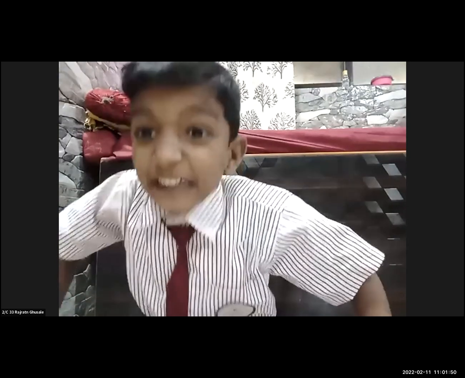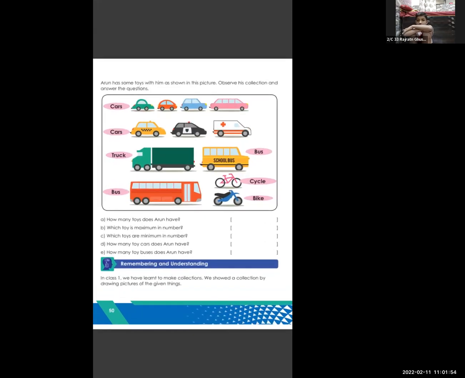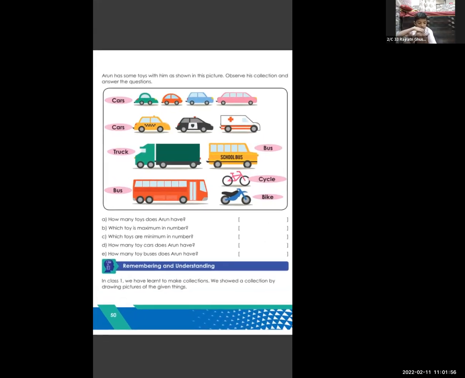Now on your screen you can see the next page. Everyone should take out the next page. So here I unmute one student who will read first. I am unmuting over here Vihan Pawar. I unmute you once again, Vihan Pawar.